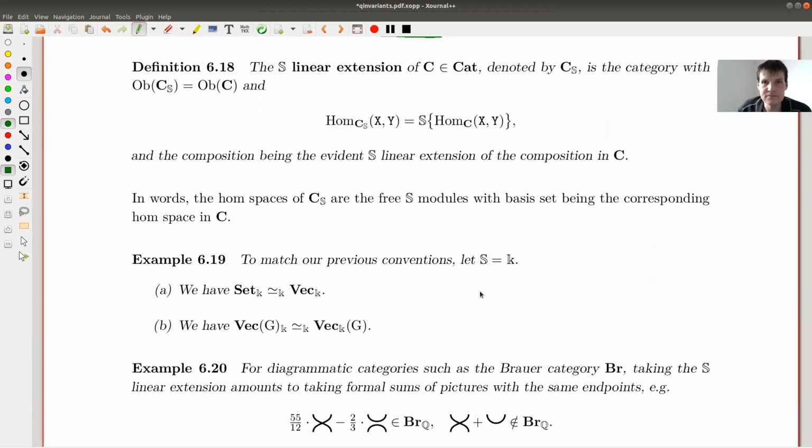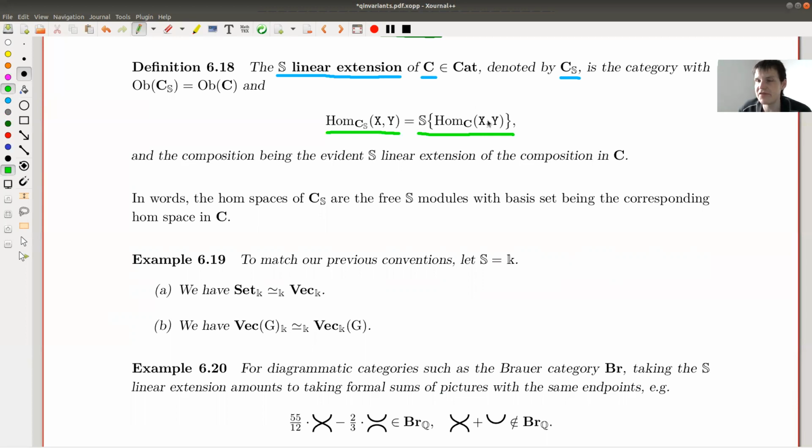So the linear extension of a category, and I call it C_S if I start with C and the S-linear extension, S is some ring, is just the following. Hom spaces in this new category are the free vector space generated by morphisms in the other category. You will see this in an example in a second.